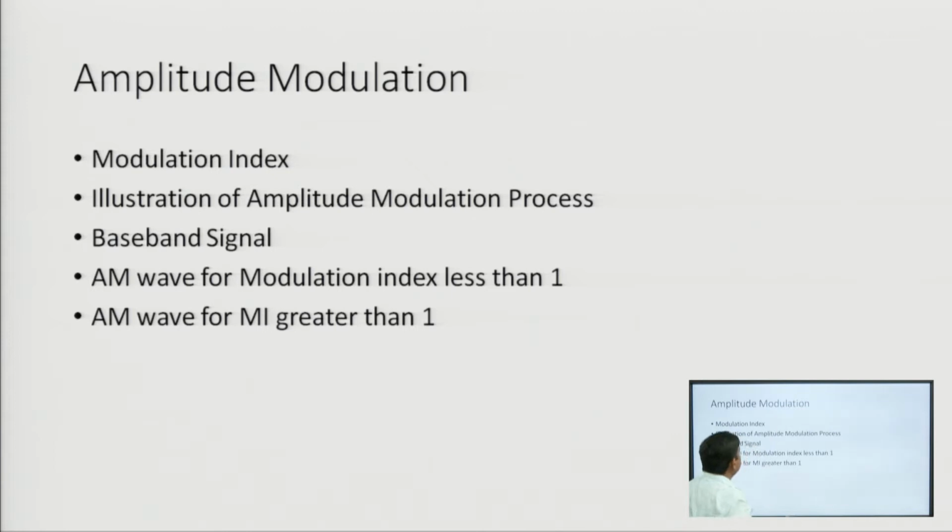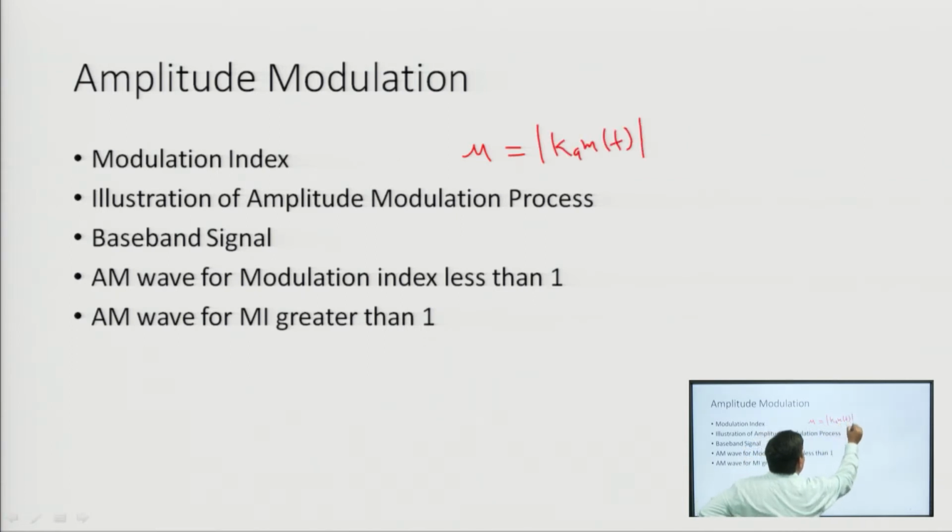Now next, modulation index. As we know, we represent it through mu, that is nothing but the mod of k m(t). In the waveform that we have drawn for s(t), once again we can draw it.